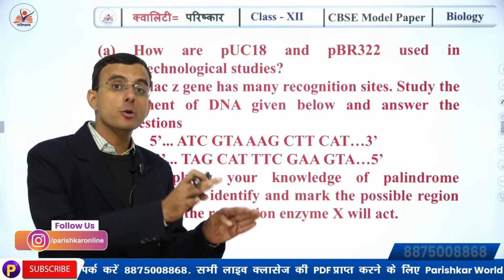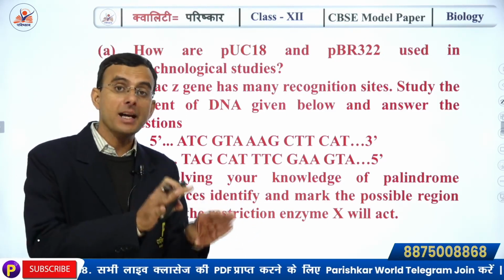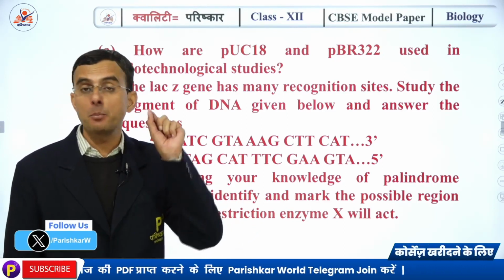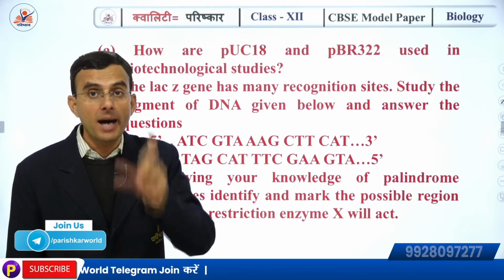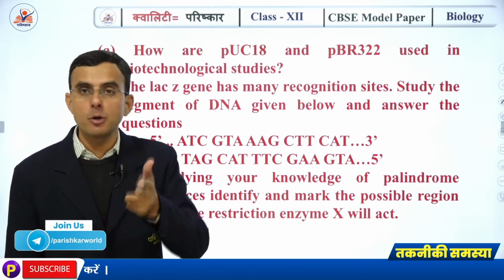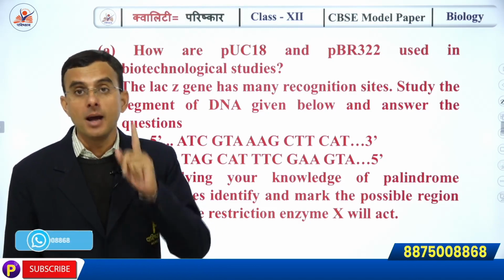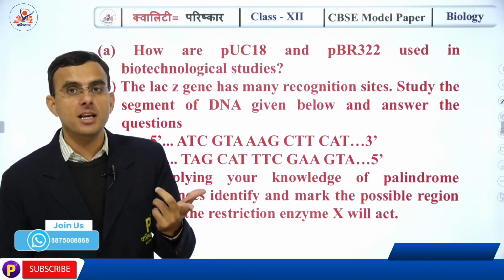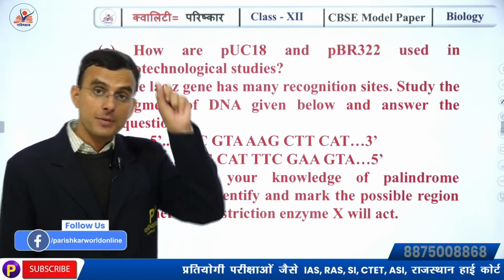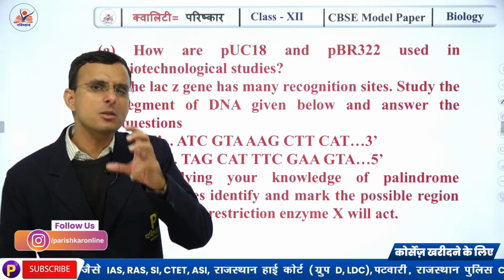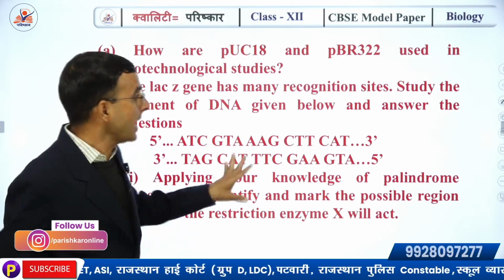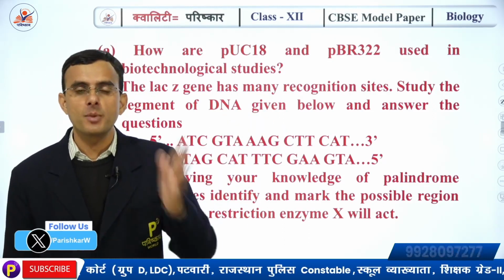Again we go back to the bacterial cell, where we have identified a very important enzyme, the restriction enzyme. By that enzyme we are able to cut DNA at a particular place, known as the restriction site. That restriction site must be in a particular sequence, known as a palindromic sequence.